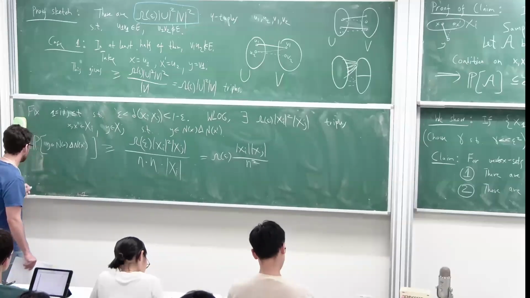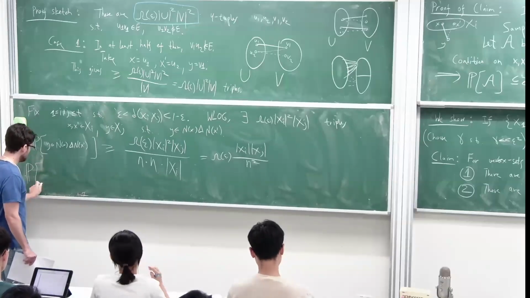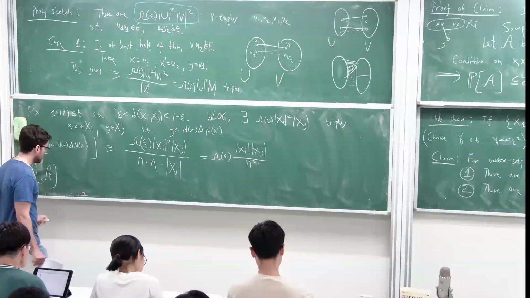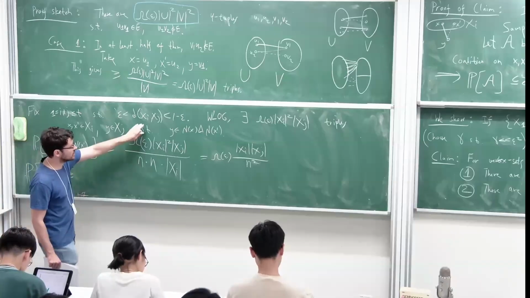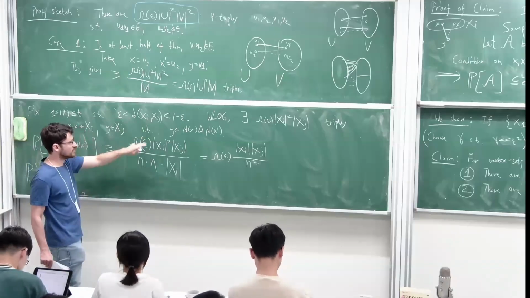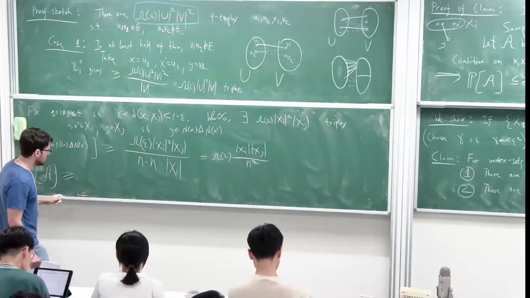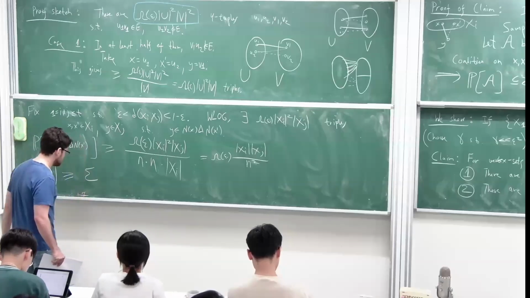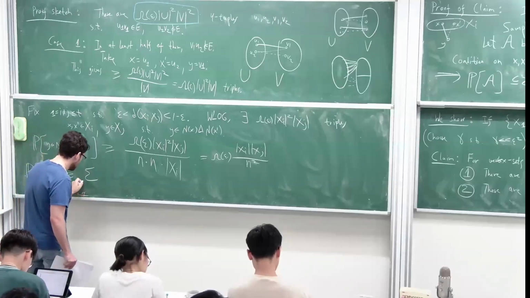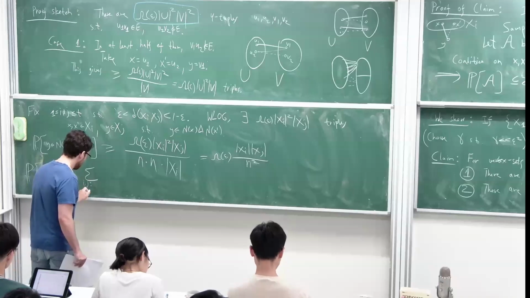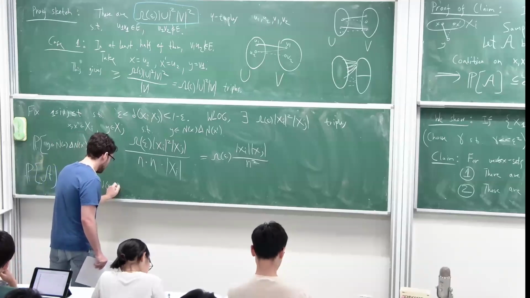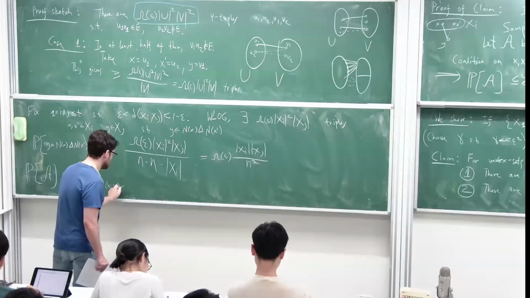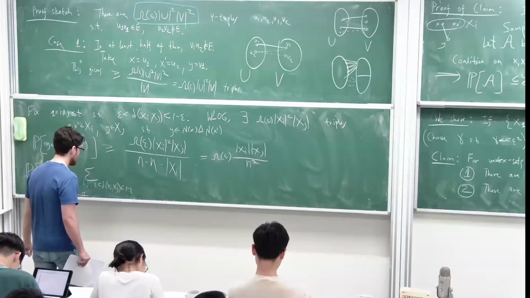Okay, so what is the probability of A? This is true for any xi xj with density far from 0 or 1. So I can sum over all of them. I sum over all ij such that the density of xi xj is between epsilon and 1 minus epsilon.